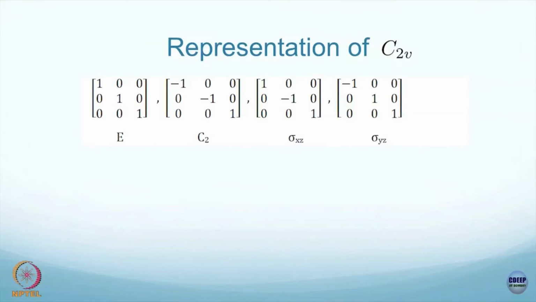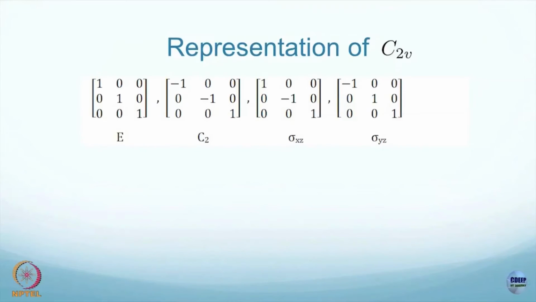So, the matrix will have -1 in the first two, and the z axis is unchanged. Sigma xz will change the y coordinate to minus y, x and z will be unchanged, and reflection in the yz plane will change x to minus x, y and z will be unchanged.